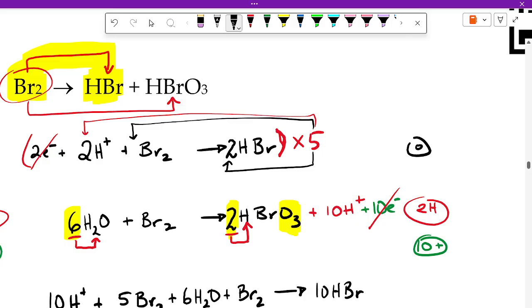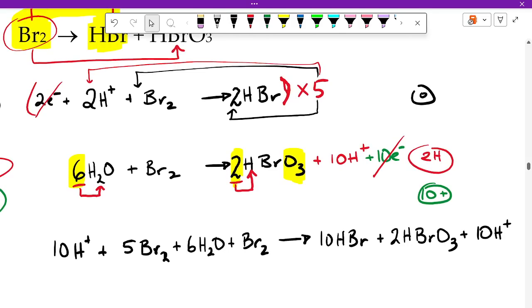Yes. Yes. And then you can combine. Yeah, do that. Or no, you're adding. Oh, it's what? Oh yeah, they are on the same side.